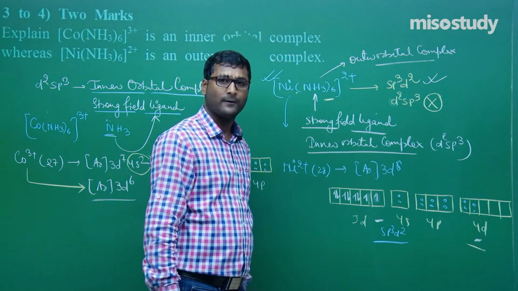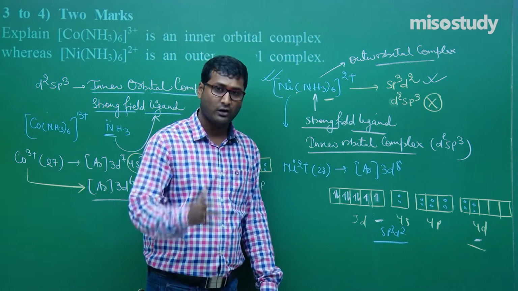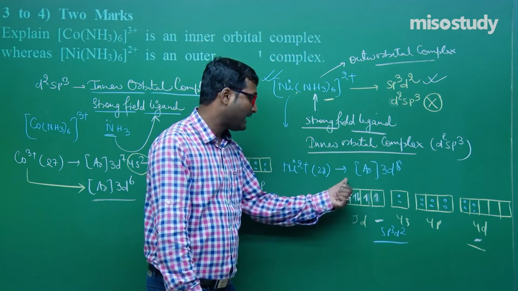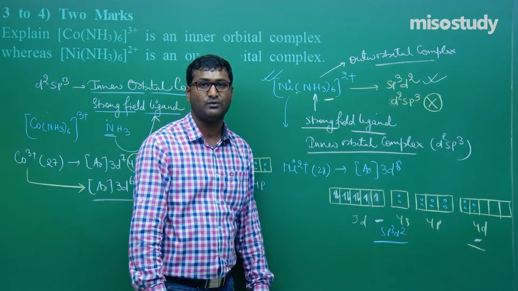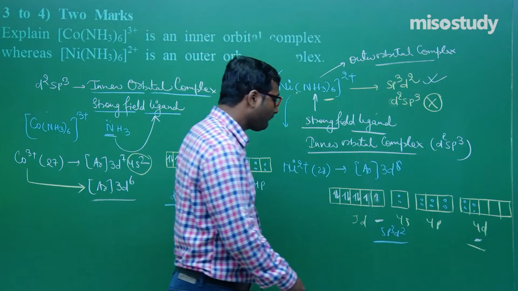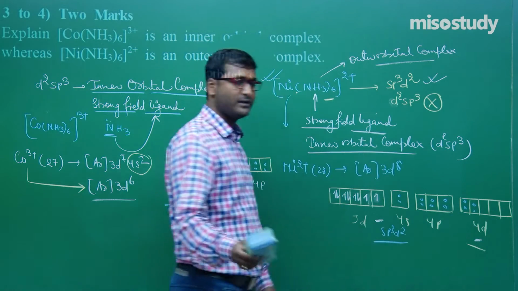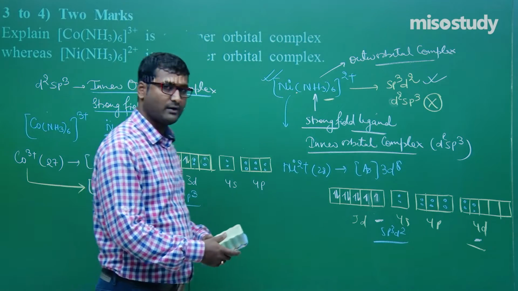This is the case, my friend. Sometimes there are exceptions also. You have to check out the things. I have given you the detailed explanation of VBT and how to find the magnetic moment and the hybridization also. I think you have written this, so I am going to rub it, my friend.